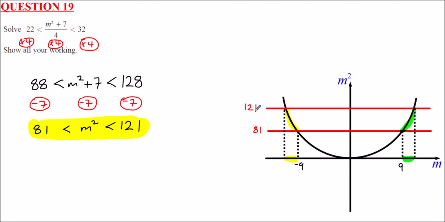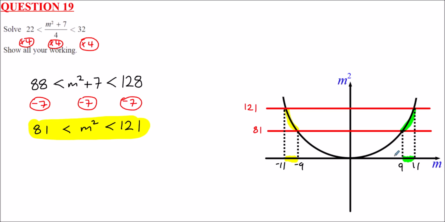This 121, like I mentioned, is a square number, so if m squared is at a height of 121, then m will be the square root of 121, plus or minus, which is either plus 11 here or minus 11 down there.